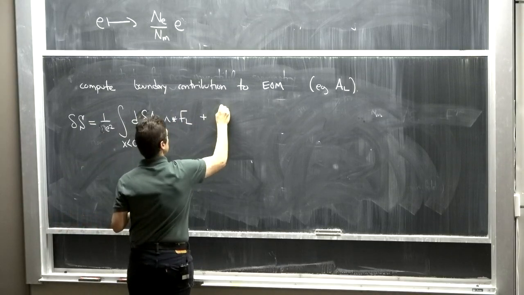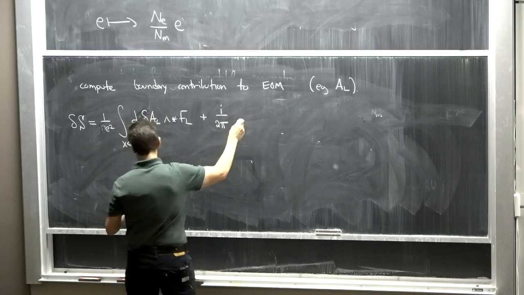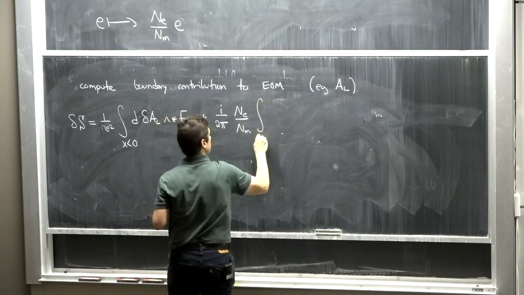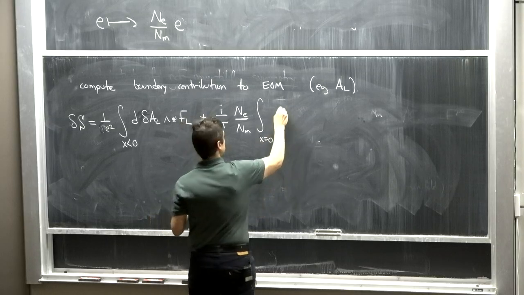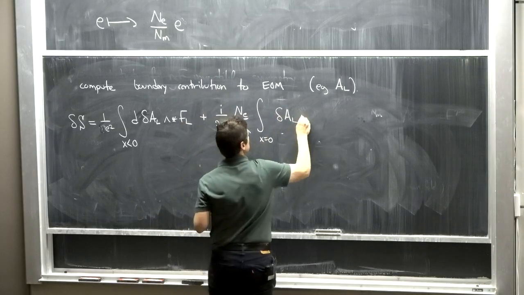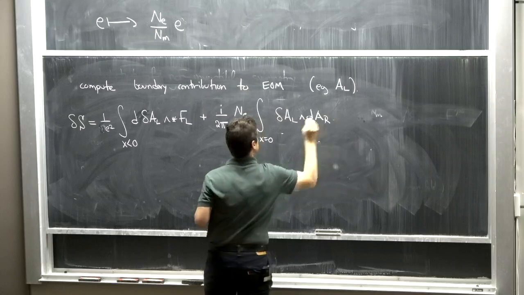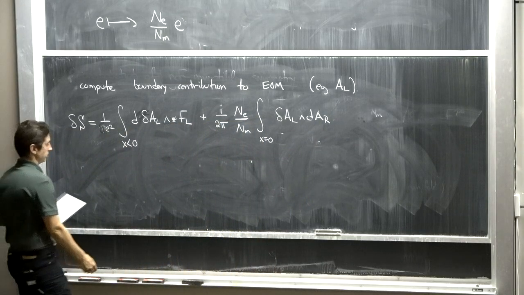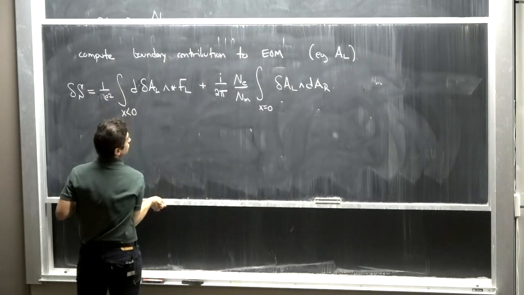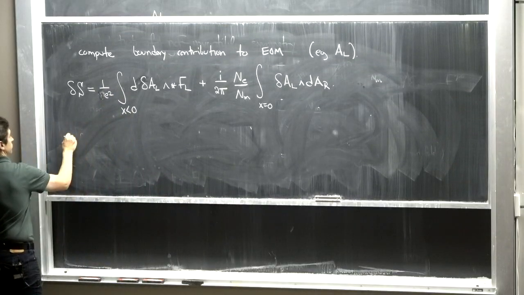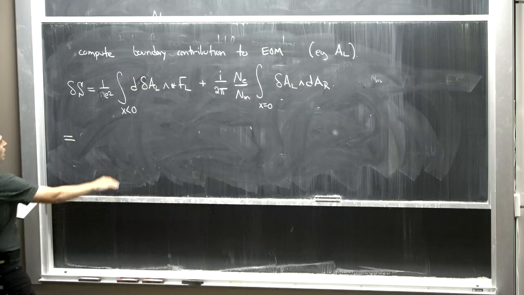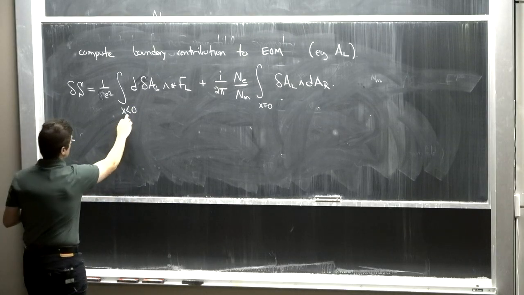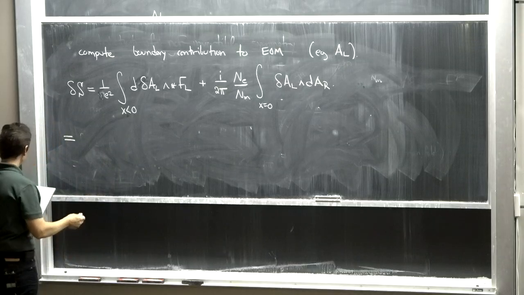And then I have the term from x equals 0. Now we integrate this term by parts, but we track total derivatives because we have some boundary region here.